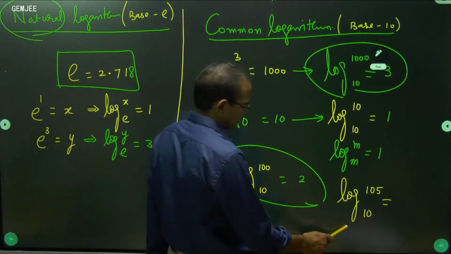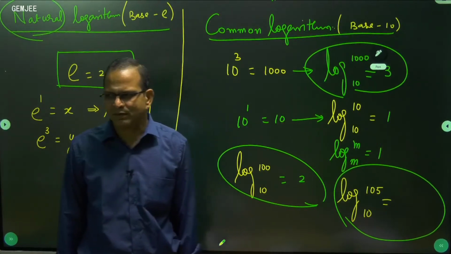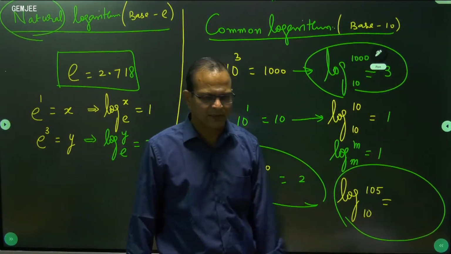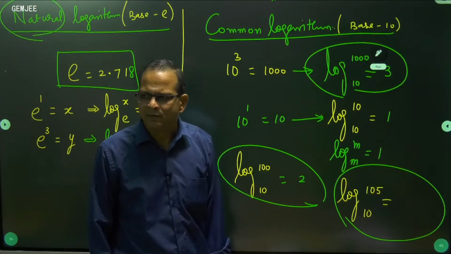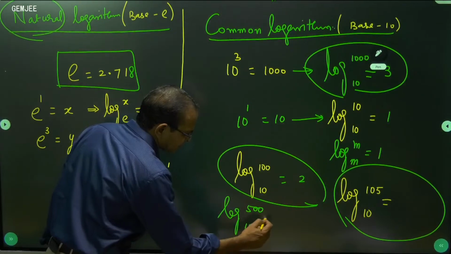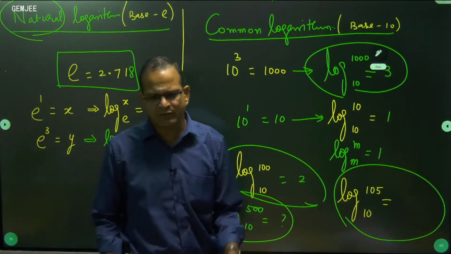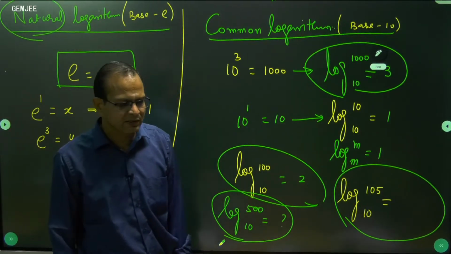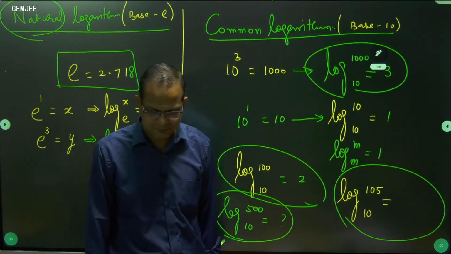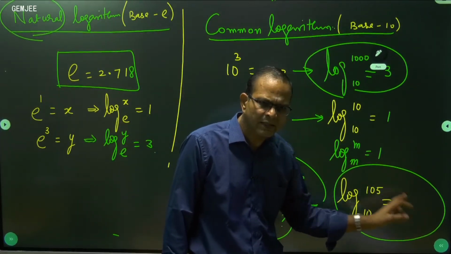Now the problem begins. Not a real number. Understood? You easily said 2 for 100 and 3 for 1000. Now I want log of 500 to the base 10. Can you say how much? No, but one thing is sure, from what we learned in the last 5 or 10 minutes, this answer should be more than 2 and less than 3, because answer 2 gives 100 and answer 3 gives 1000.